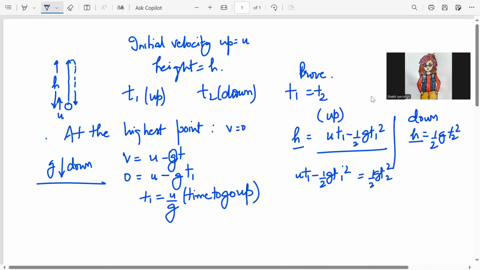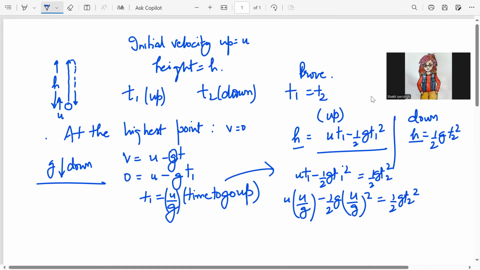Now I'm going to replace T1 by U upon G into this equation. And I'm going to get U times U upon G minus half G times T1 square, which is U upon G whole square, and equate it to half G T2 square. And this is going to give me U square upon G minus U square upon 2G equals half G times T2 square.